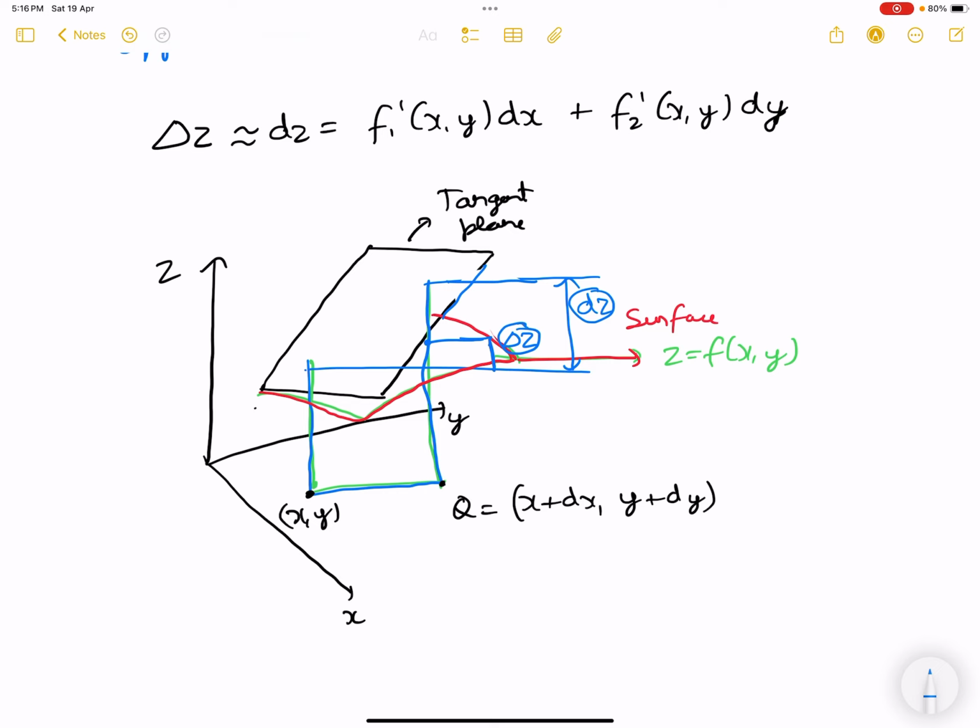If you're following the curve, so what we have is change in z, but if you're following the plane, the tangent plane, so what we have is del z. तो इसलिए वो थोड़ा बहुत एरर का स्कोप रहेगा इसमें, राइट. So just go through this diagram again, and I'll give you one more minute to just go through this diagram again.